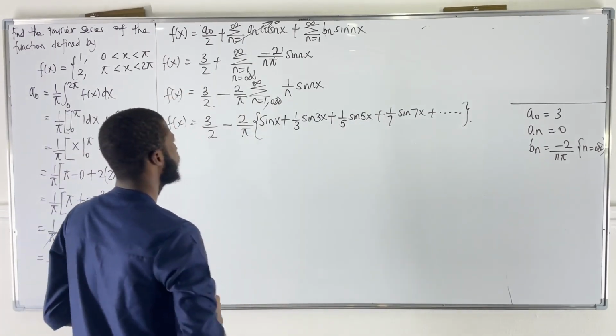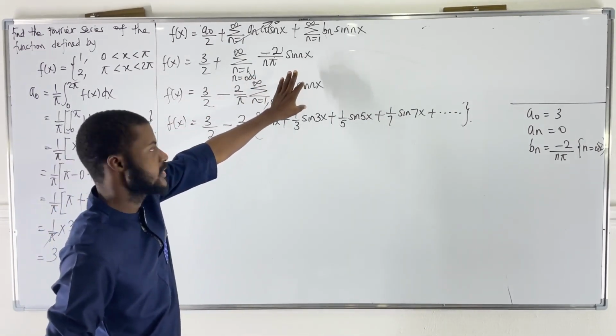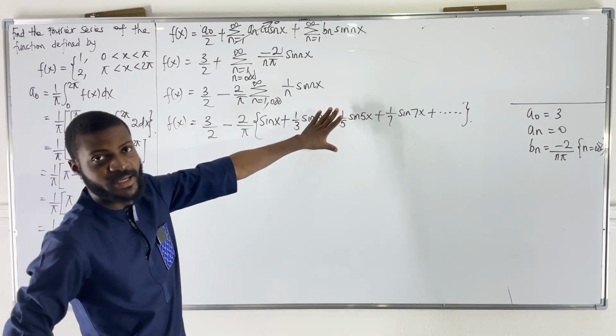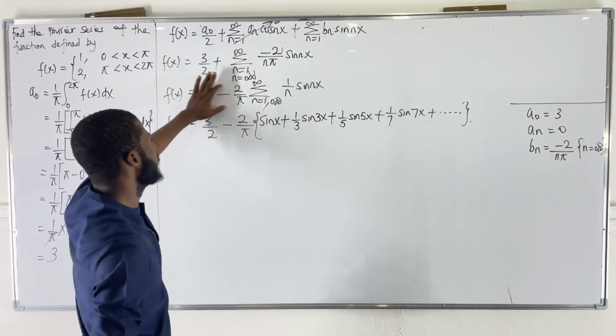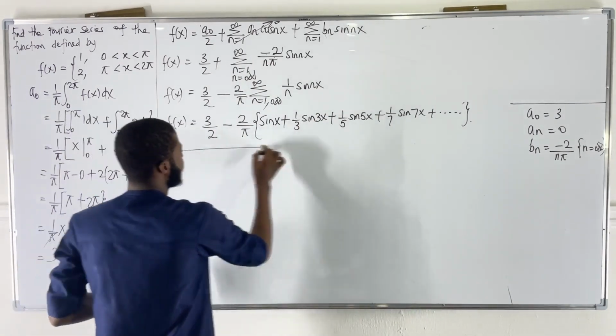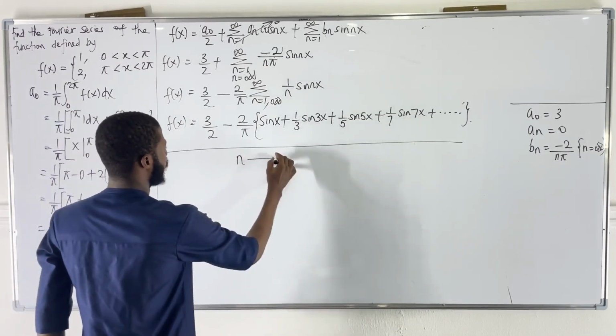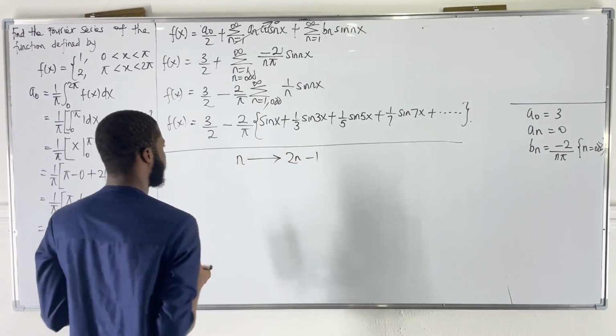Now remember that if the question says find the expansion, this is the final answer. But if the question says leave your answer in terms of n, replace n with 2n minus 1.